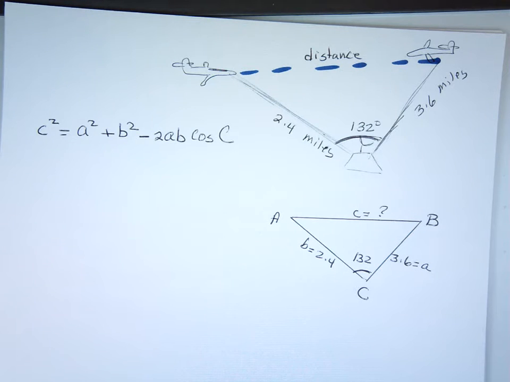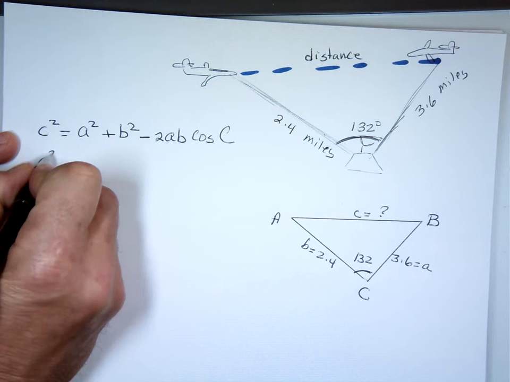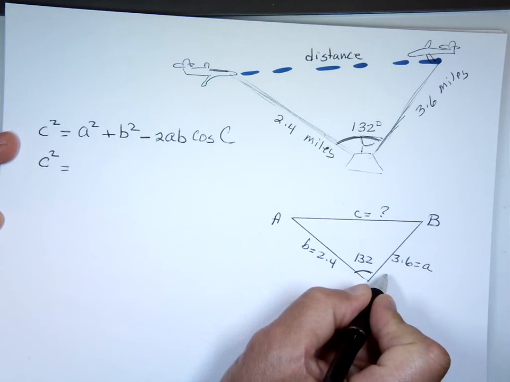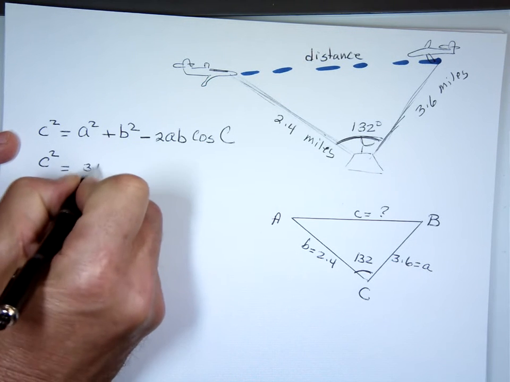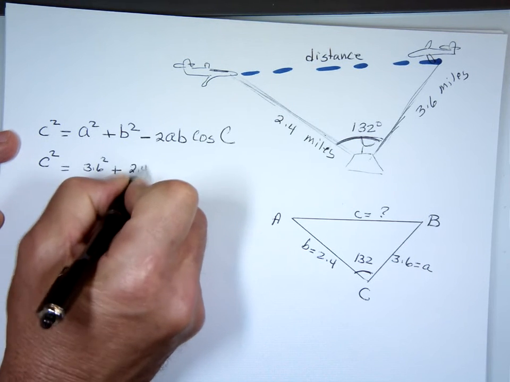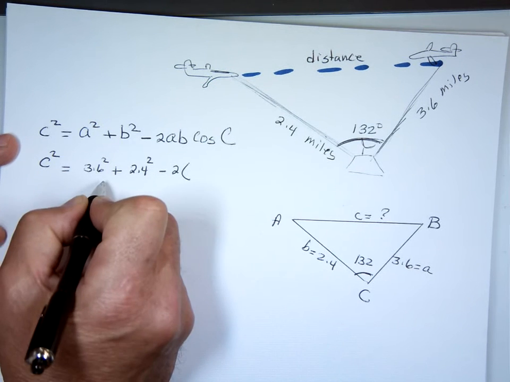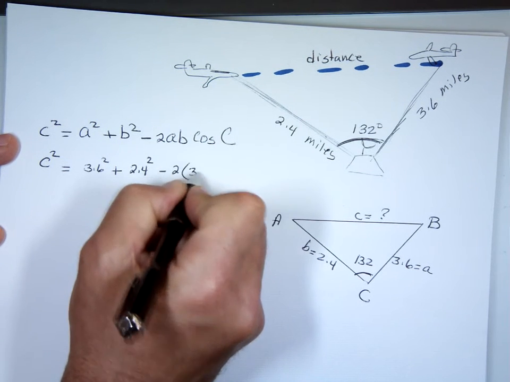Okay. So let's look at what is C? Unknown. C squared equals, what's A? 3.6 squared. What's B? 2.4 squared minus 2 times A. A is what? 3.6.